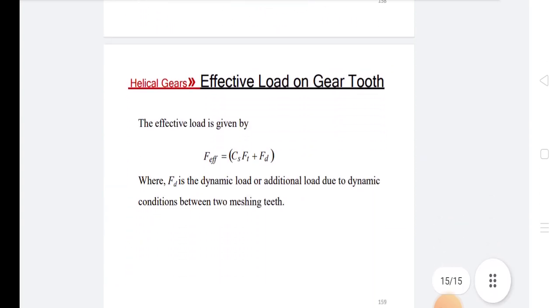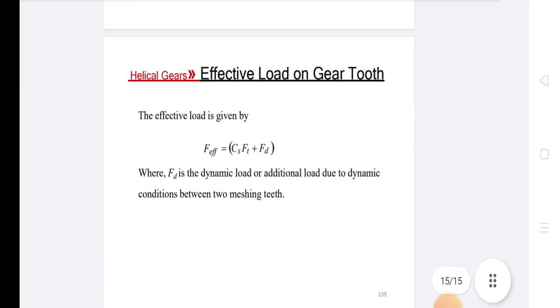The effective load is given by F effective is equal to Cs Ft plus Fd, where Fd is the dynamic load or additional load due to dynamic condition between two meshing teeth.